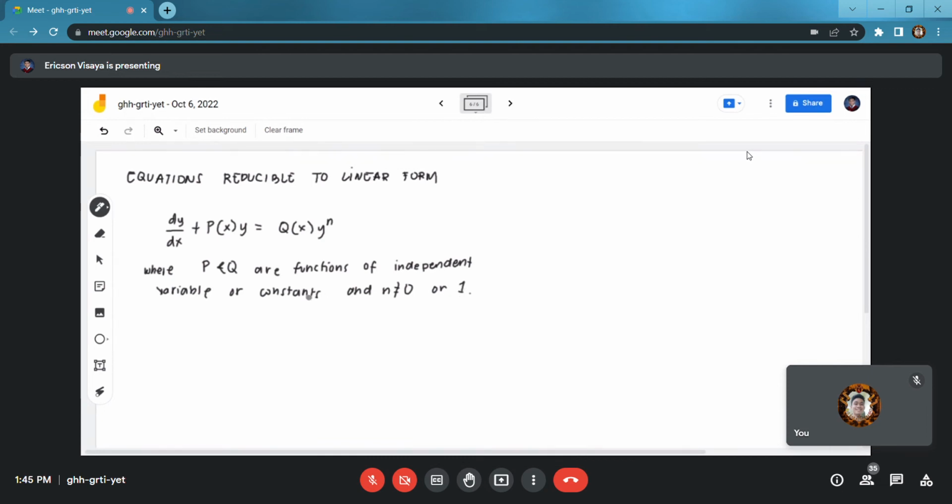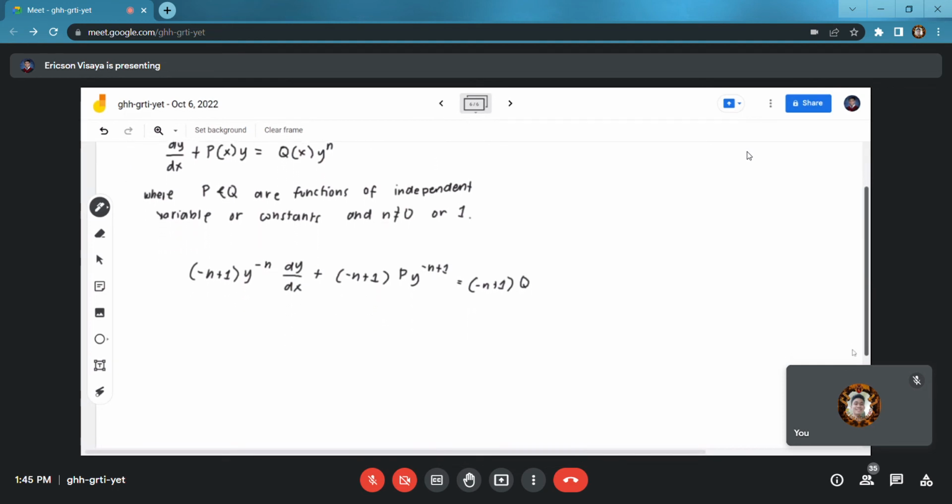For solving, magdi-divide lang naman tayo ng ating y raised to n and multiplying by quantity negative n plus 1. So bali magiging equation natin ngayon ay y raised to negative n dy over dx plus quantity negative n plus 1 p y raised to negative n plus 1 is equal to quantity negative n plus 1 q. Bali parang nagkaroon lang tayong differentiation dito.